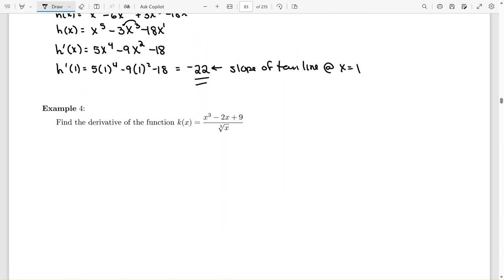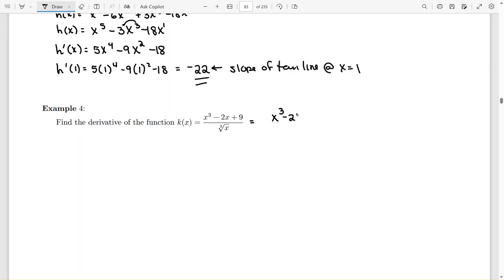For example 4, again, taking derivatives with a quotient, you don't want a variable in the denominator if you plan on using the power rule. So let's simplify using algebra first, then we'll go ahead and do the calculus. Let's do this in a couple of steps.